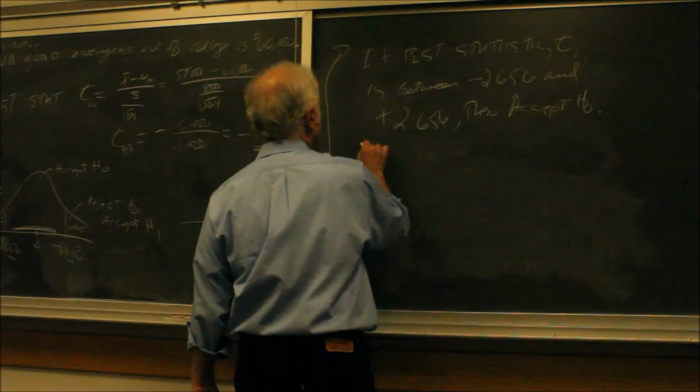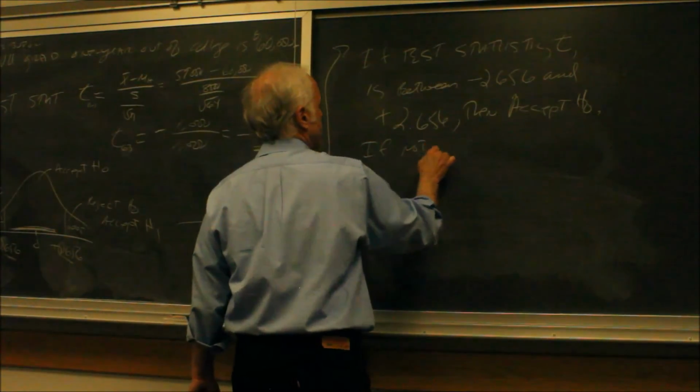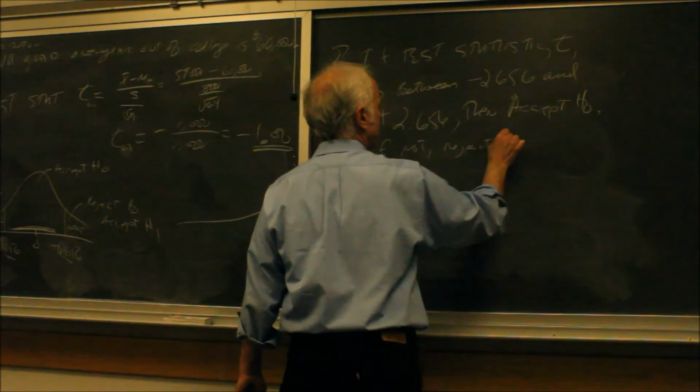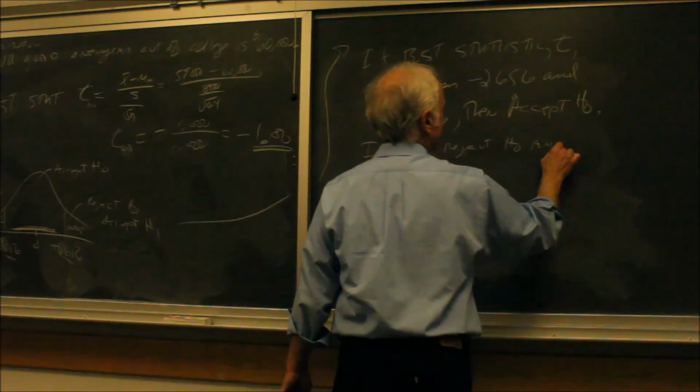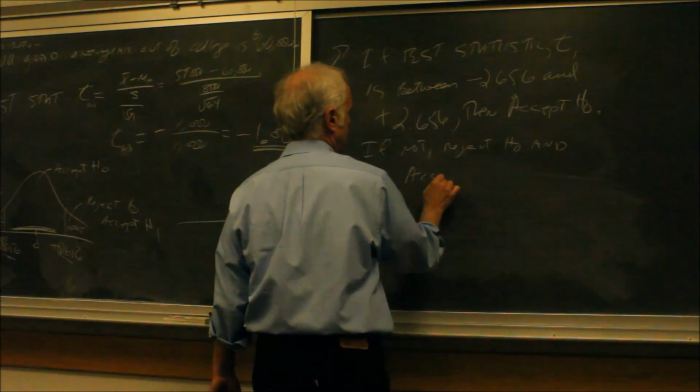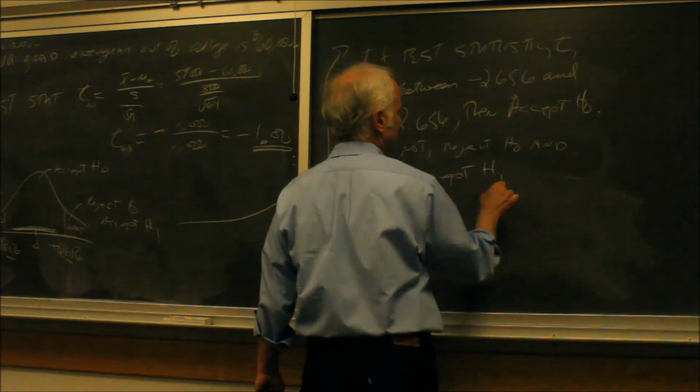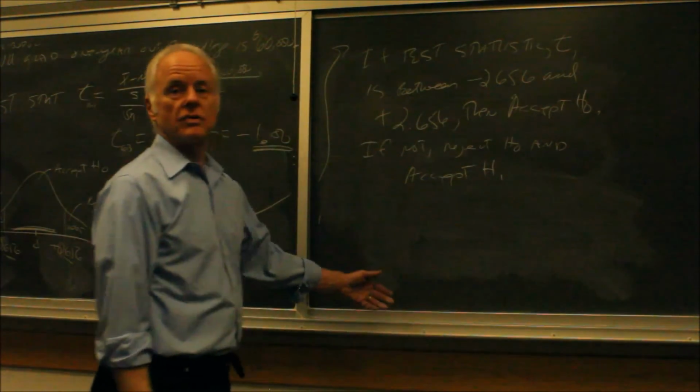If not, reject H0 and accept H1. So that's the decision rule.